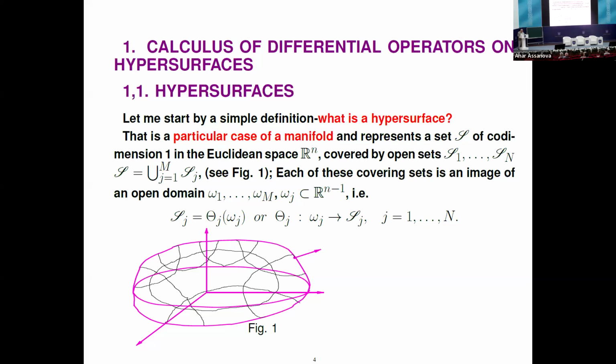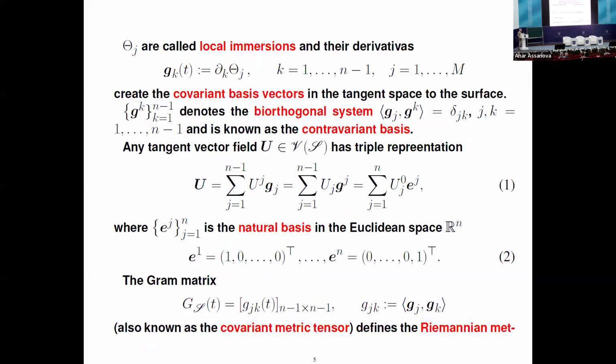Any tangent vector field u can be represented in three forms: with covariant vectors, with contravariant vectors, and with the canonical basis or natural basis in Rn.